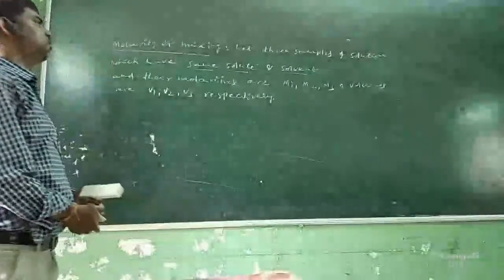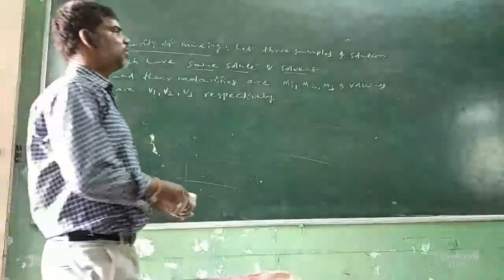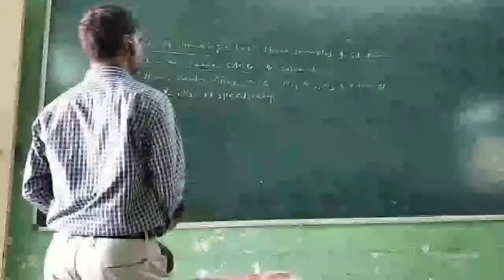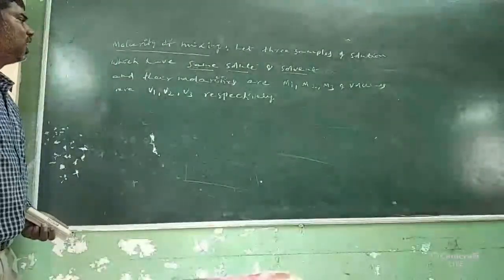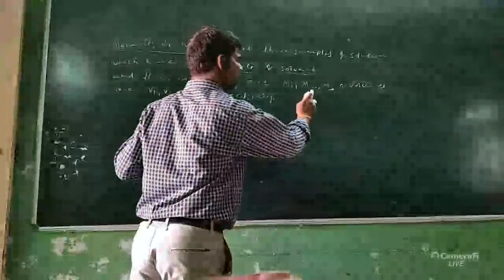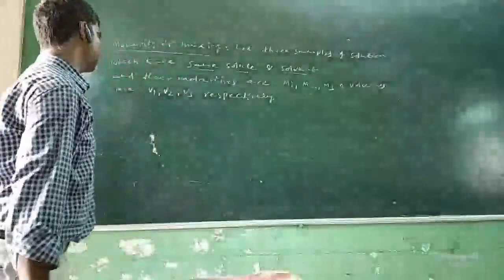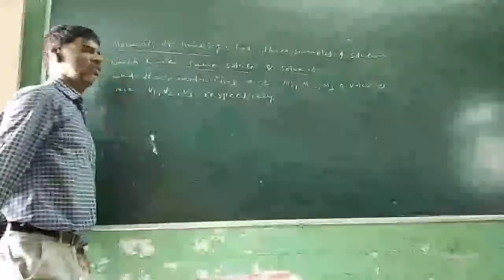So we are discussing the molarity of mixing. Let me take 3 samples of solution having the same solute and solvent. Here we don't change the solute and solvent, and their molarities are m1, m2, m3, and volumes are v1, v2, v3 respectively.